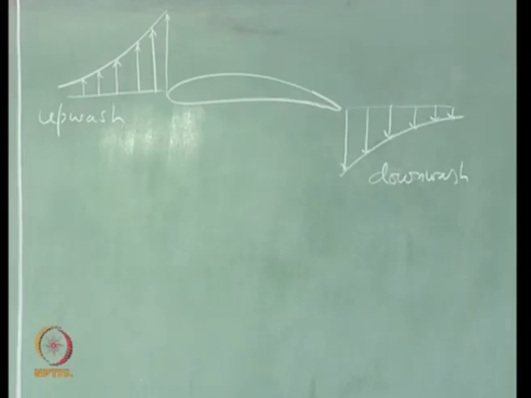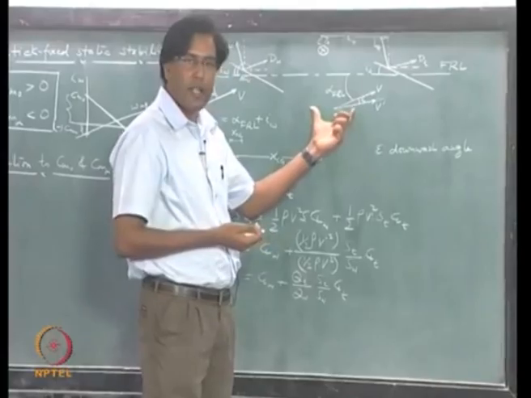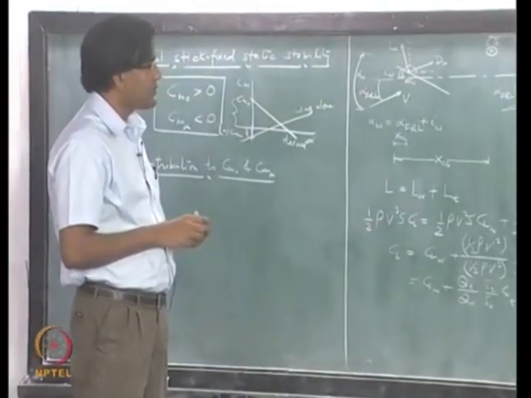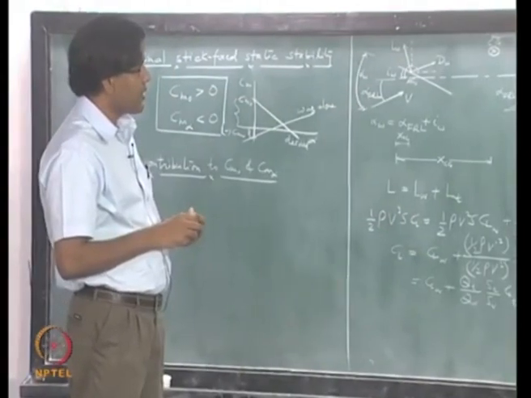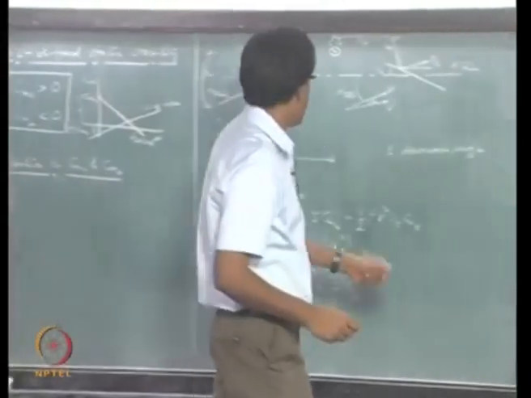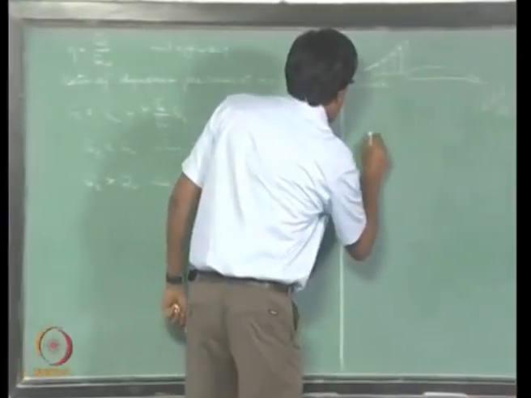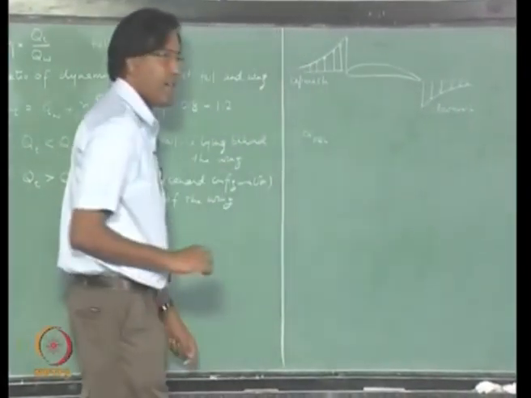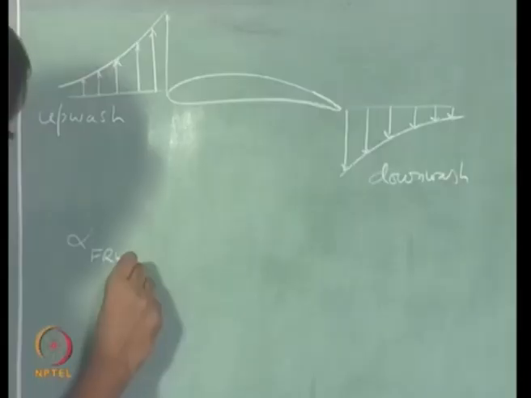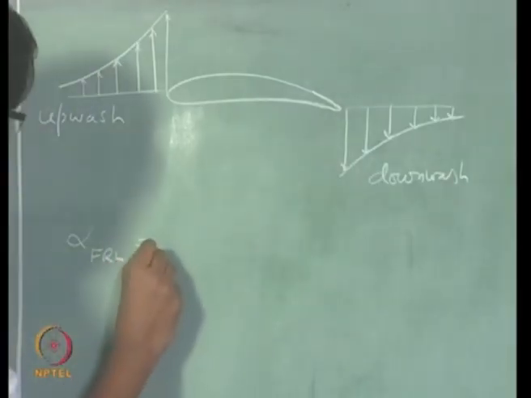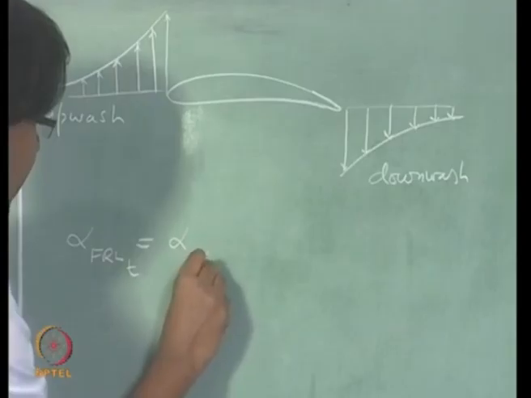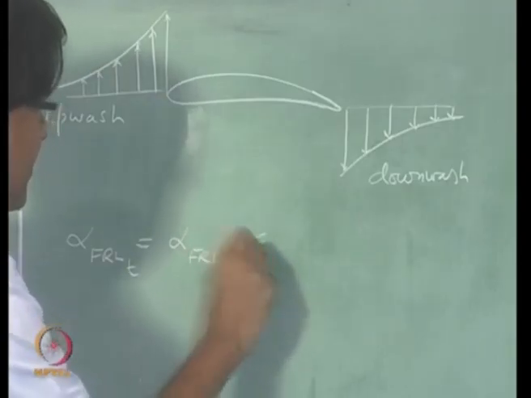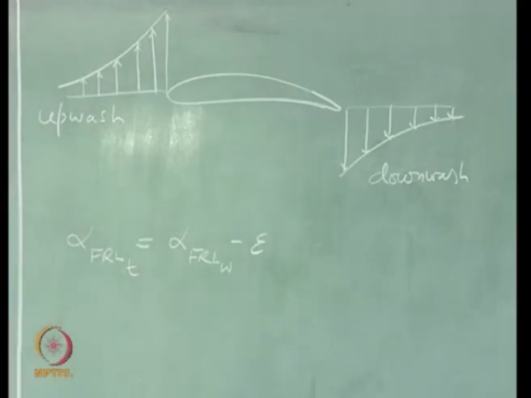How is angle of attack going to change at the tail now because of this downwash? So, alpha FRL at the tail is going to be that at the wing minus this angle, right.